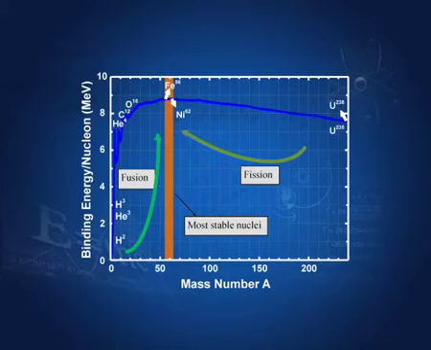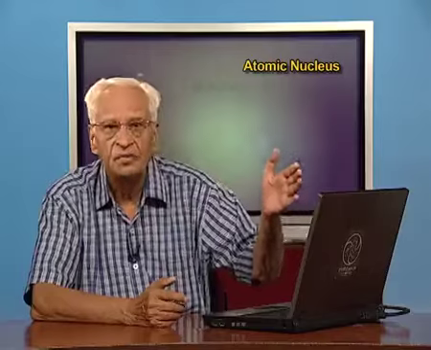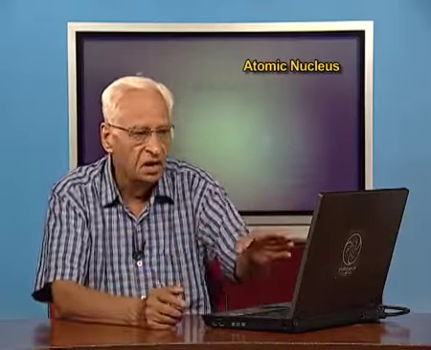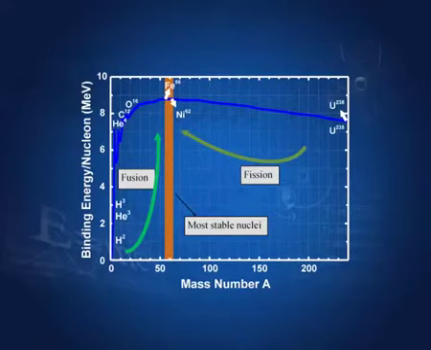Now, this is what I have been talking about, that on this side nuclei are unstable, on this side also nuclei are unstable. Therefore, here there are large nuclei, they break into smaller nuclei, and the product nuclei are both more stable than the parent nucleus.